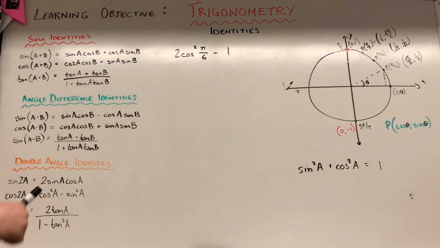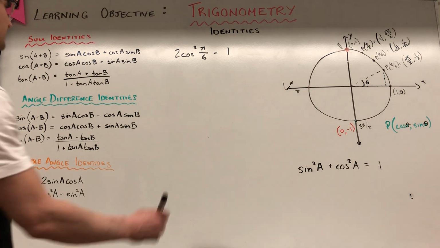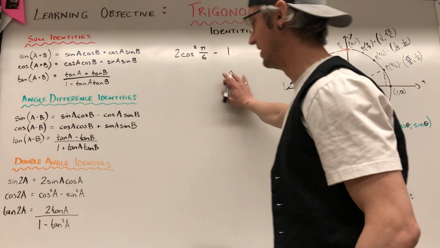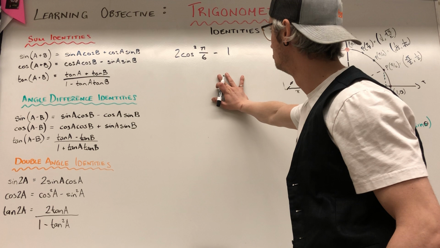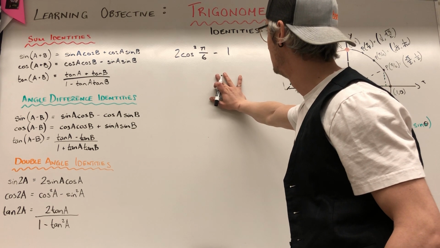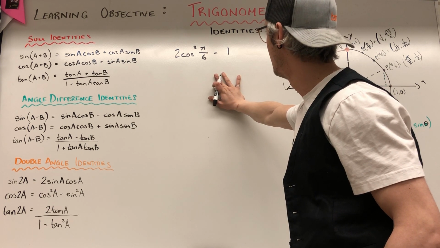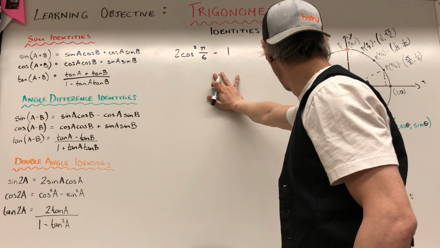So where do we have cos squared? It looks like the only place is right here, so I'm probably going to have to play with this one. I've got cos squared of A, so let's make pi over 6 my A, minus 1.